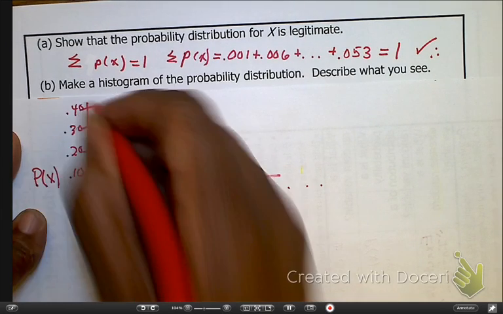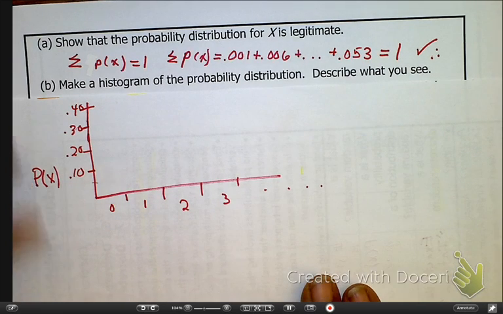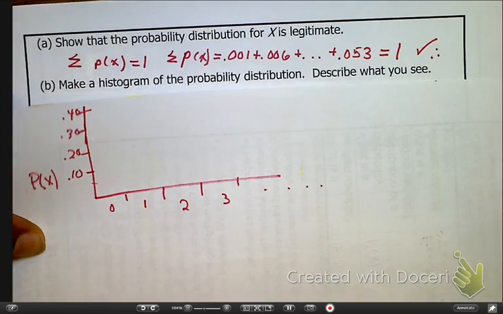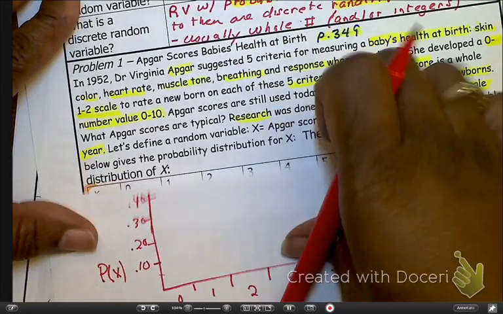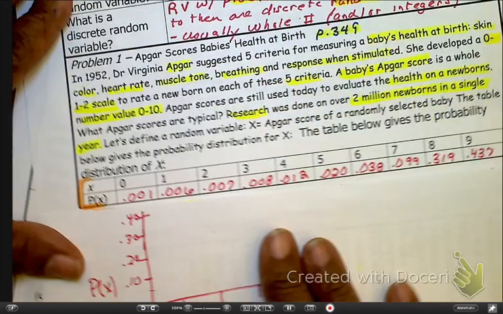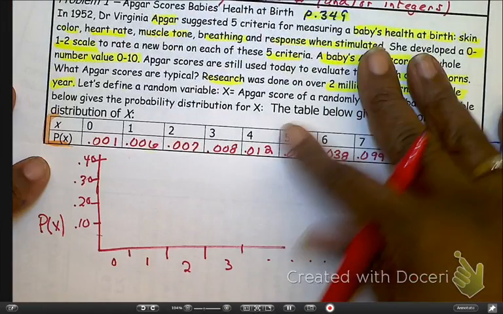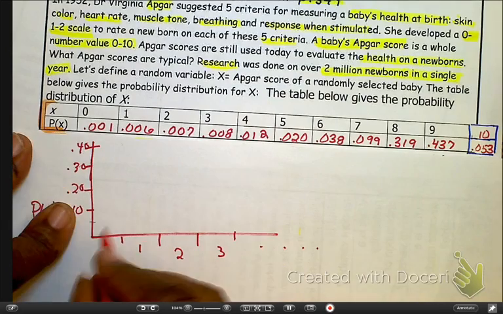Of course I ran out of room. And then I look at my table. Well, my table says that the probability of getting a 0 is less than 1%. Thank God for that, right? So that's going to be about here somewhere, meaning it's a blip.